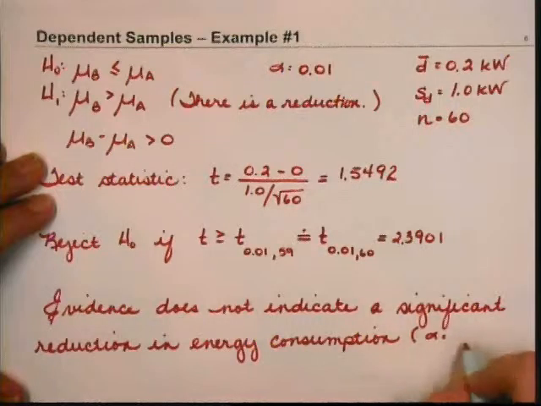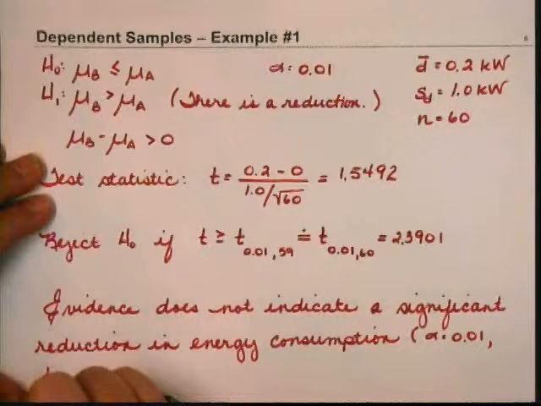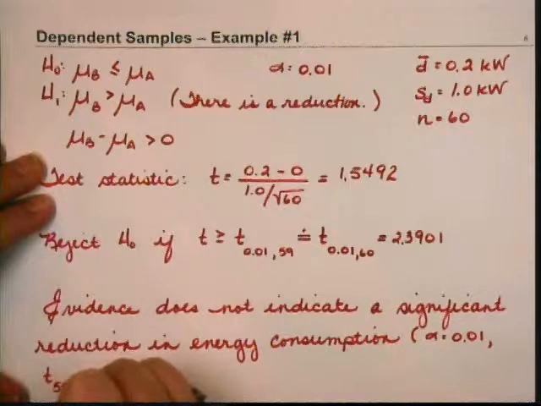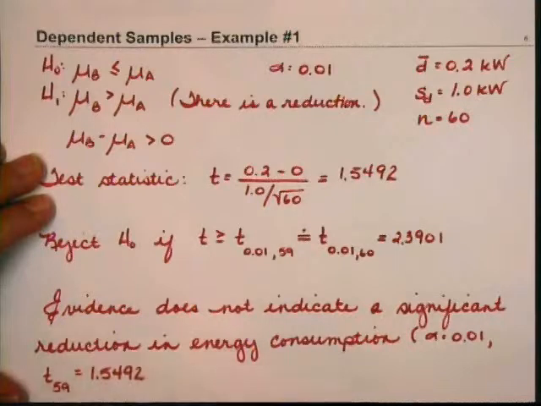We conducted our test at the 0.01 level. We calculated a T with 59 degrees of freedom of 1.5492. We used 60 for our critical value.